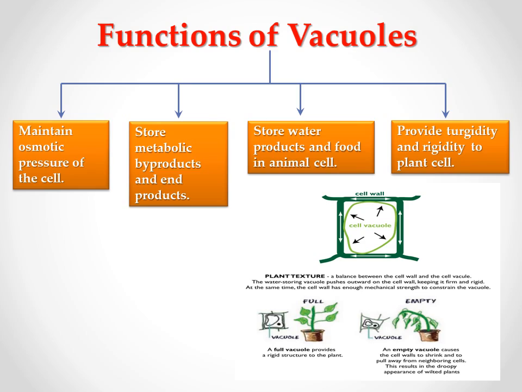In plant cells, vacuoles are full of cell sap and provide turgidity and rigidity to them. When the vacuole is full of the cell sap, you can see it gives a rigid structure to the plant. An empty vacuole causes the cell wall to shrink, and that results in the droopy structure of the plant.